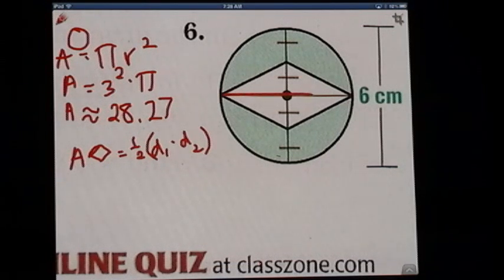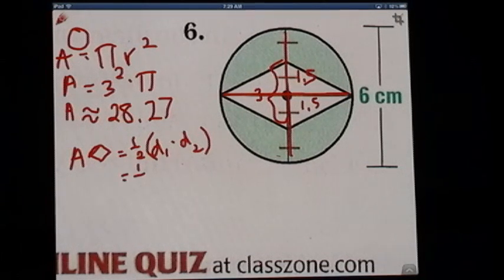Well, this diagonal is the same as the diameter, so it's 6. Now, these hatch marks are showing us that this other segment is divided into 4 equal parts. And 6 divided by 4 would be 1/2. But we have 2 of the 1/2, so that gives us the smaller diagonal to be 3.